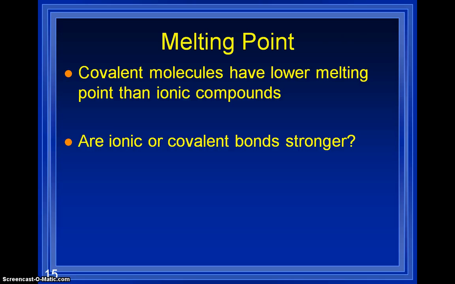What that tries to demonstrate is the relative high melting point of ionic compounds versus covalent compounds. We actually melt sugar on a hot plate, and sugar is a covalently bonded molecule, whereas ionic compounds like salt, even though table salt looks very similar to sugar, it takes a blowtorch to melt salt. It melts at an extremely high temperature.